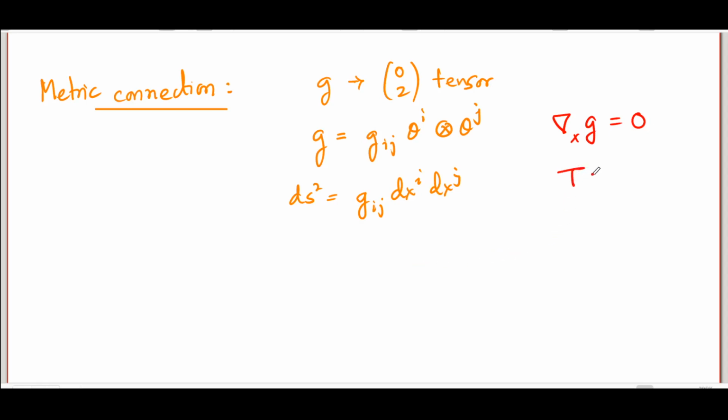Also, you demand in a Riemannian metric that torsion is 0. In fact, torsion being 0 tells you that at least if you are using the coordinate components, then gamma^k_ij is symmetric in the lower two indices. That's not a general statement about all gamma^k_ij's. It's only a statement when you are using a coordinate basis.